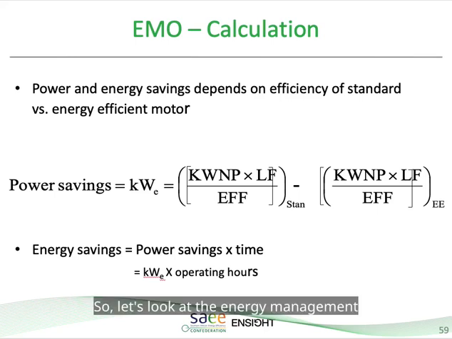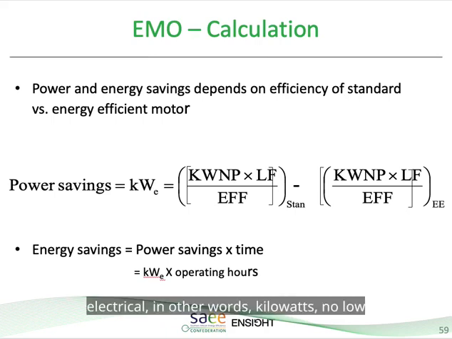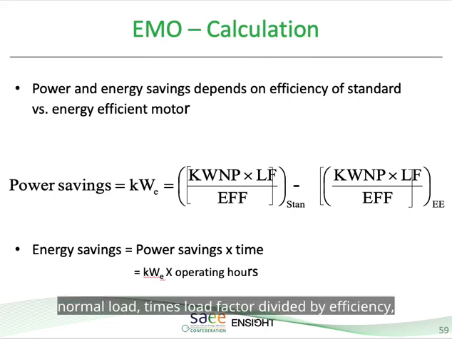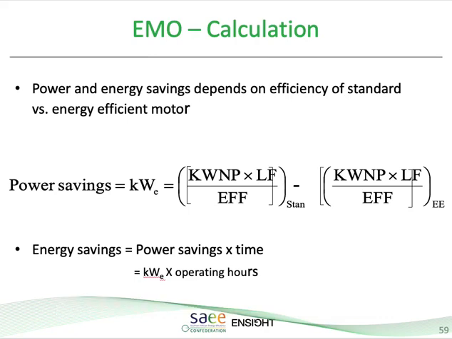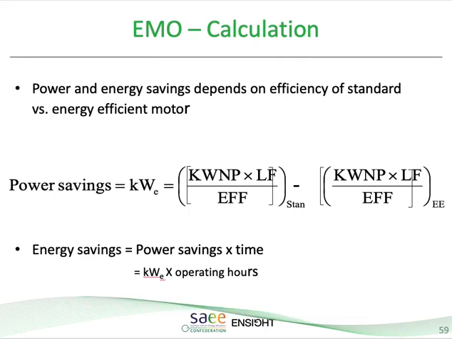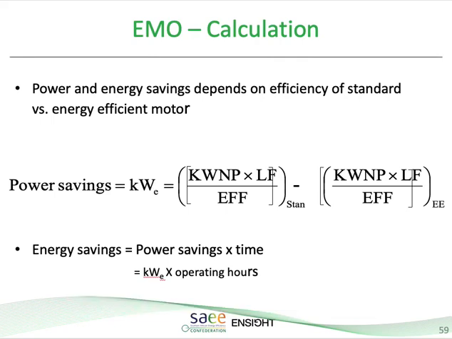So let's look at an energy management opportunity calculation. The power and energy savings depend on the efficiency of the standard versus the efficiency of the new motor. Power savings is equal to kilowatts electrical, in other words, kilowatts normal load times load factor divided by efficiency, for both the standard minus the energy efficient motors.